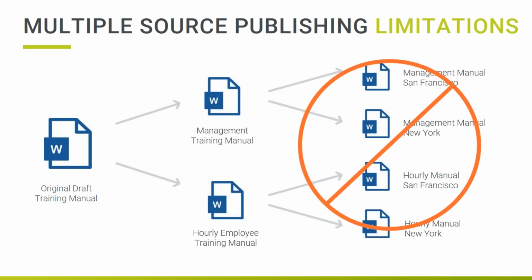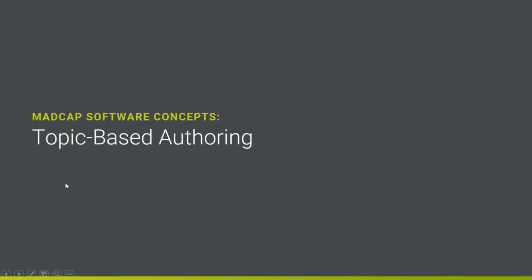Well, in a content management world, we actually use a different technique called topic-based authoring. And that's an industry term, so we use it, but I'll be honest, I hate that term. It's not really descriptive of what we're doing. It's not really topic-based authoring, it's topic-based saving. When it says authoring, it sounds like, oh my gosh, I have to change how I write. You don't. We still write the same way.